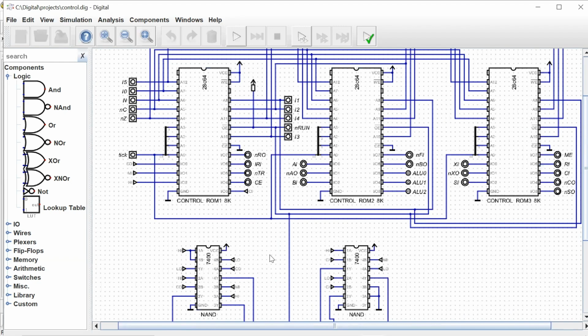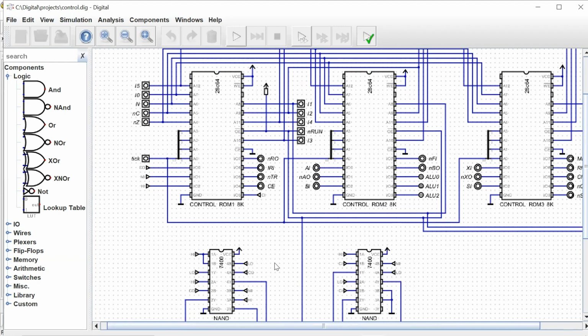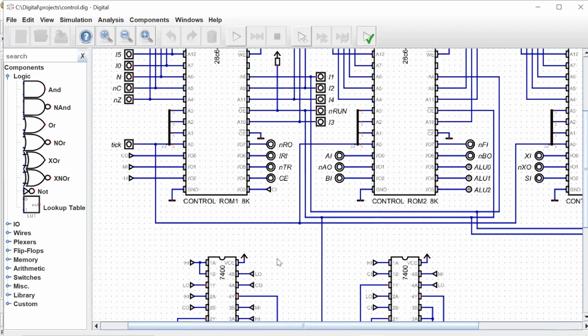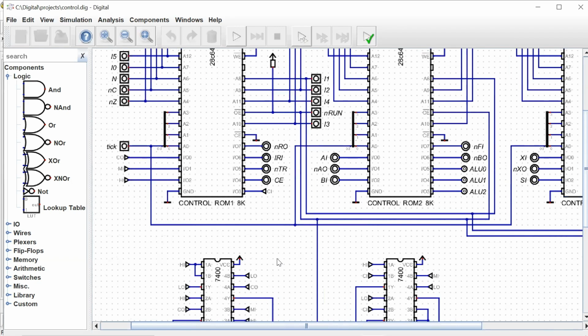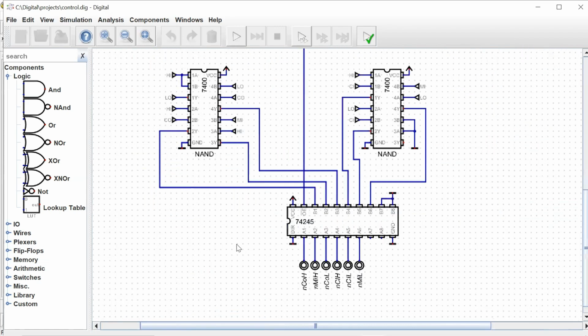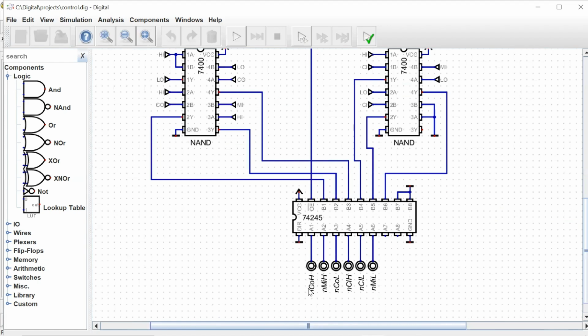Now, we have some extra processing that we need to do here. We had to go through some gyrations to stick within the 24 control lines. You can see down here that we really need 6 control signals for our program counter and for our memory address register.